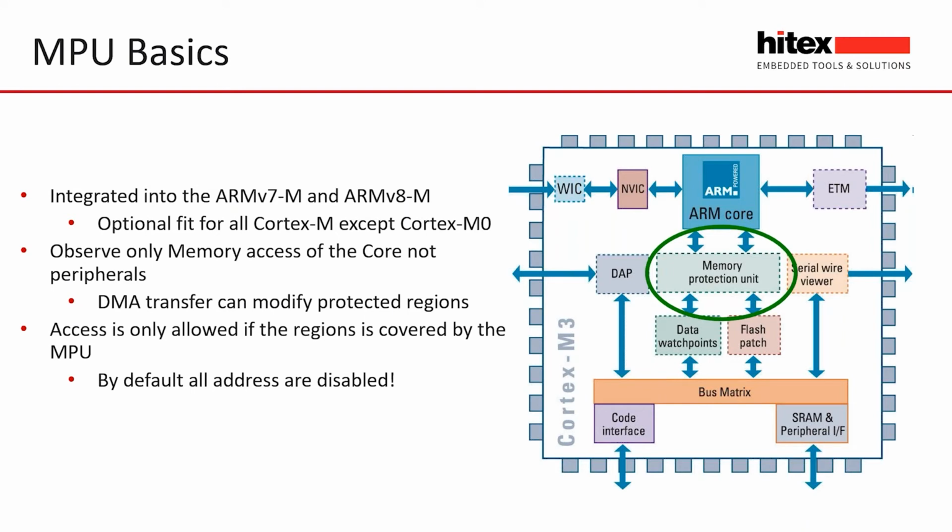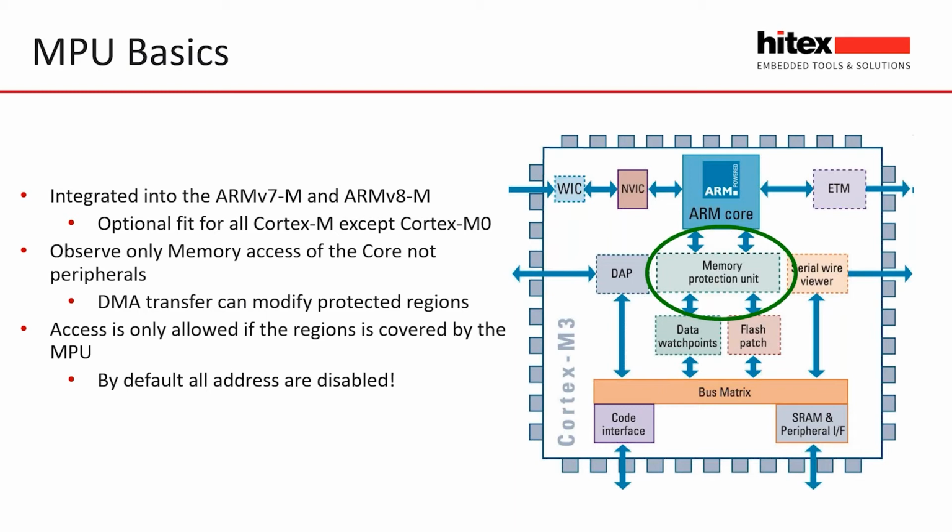So within all of the ARMv7 and ARMv8 Cortex processors, so basically that's everything except the Cortex-M0, there's an optional unit that can be fitted called the memory protection unit. This provides up to 8 regions where we can define the type of access to a selected area of memory, be that flash, RAM, or peripherals.